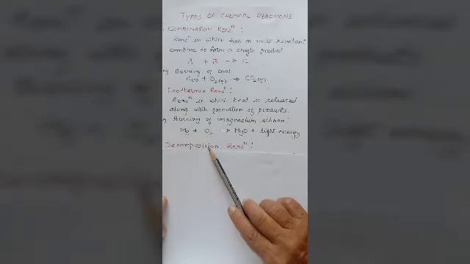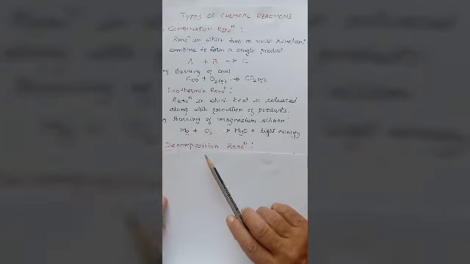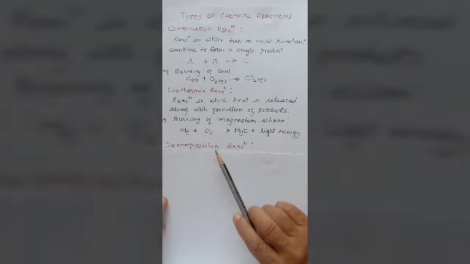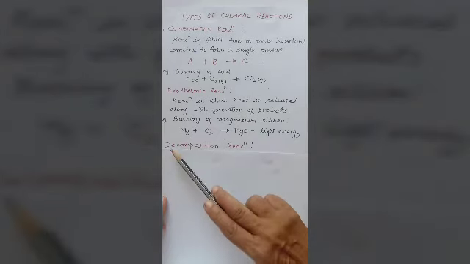So the next reaction is decomposition reaction. You know the meaning of compose, students? We always use the word that so and so music is composed by so and so person. So compose means making, correct? Decompose meaning opposite of compose, that is to break it.